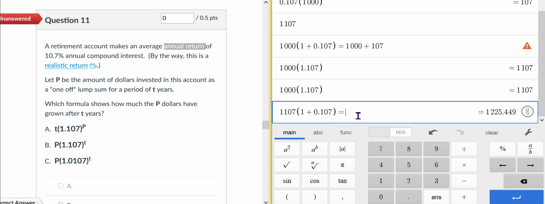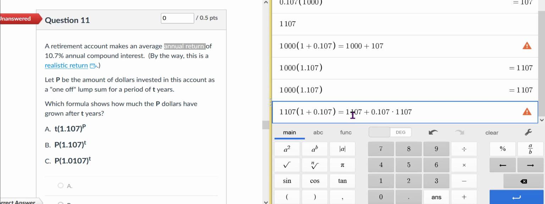Because what's happening is you're getting your same $1,107 back after the first year, but you have interest. So you have to get interest, 0.107 times that amount. This is the second year.